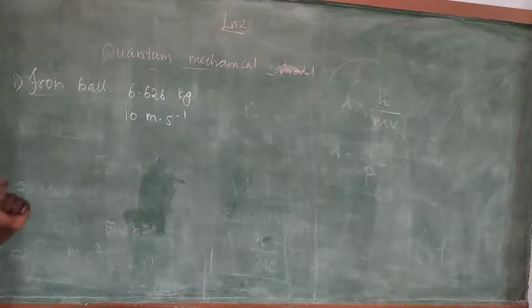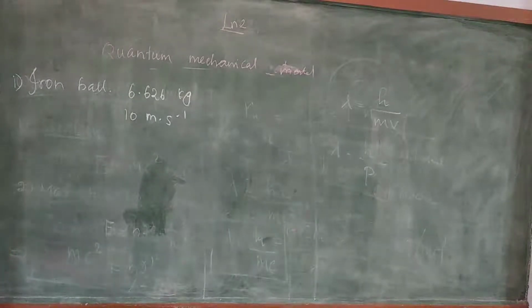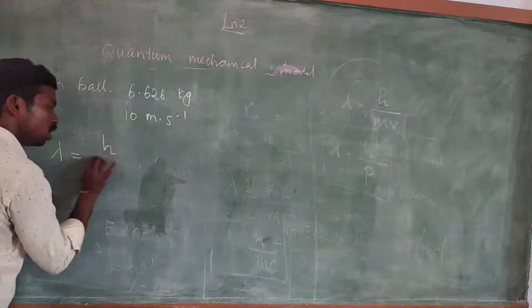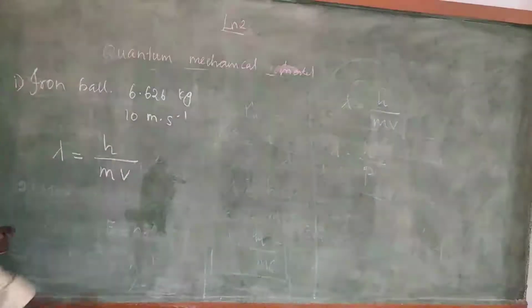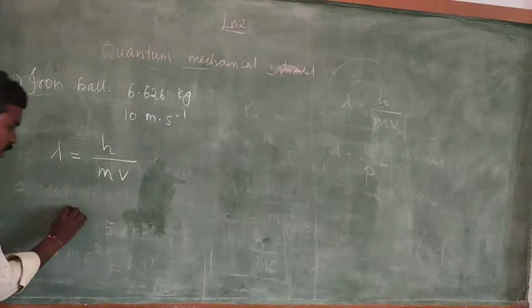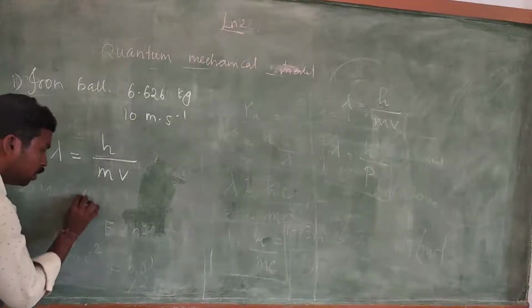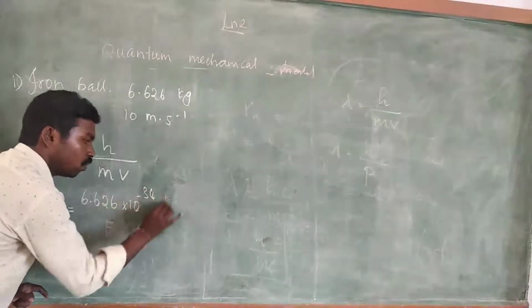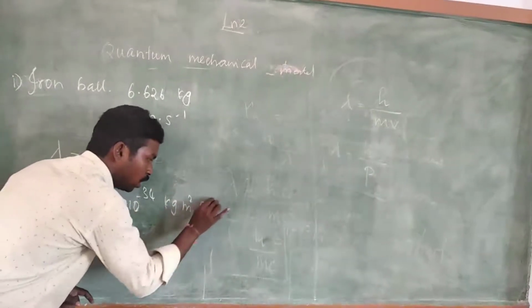So from this data we can find out the wavelength. What is the formula for wavelength according to de Broglie? Lambda is equal to h by mv. Then h is the Planck's constant. Its value will be 6.626 into 10 to the power minus 34 kilogram meter square per second.